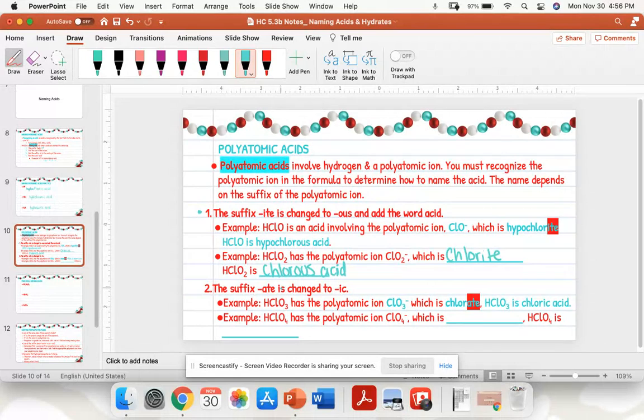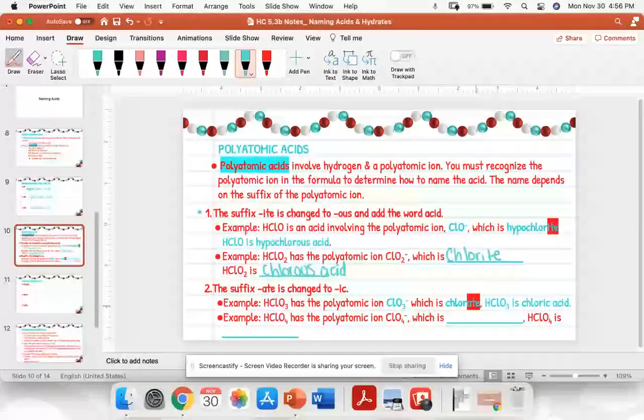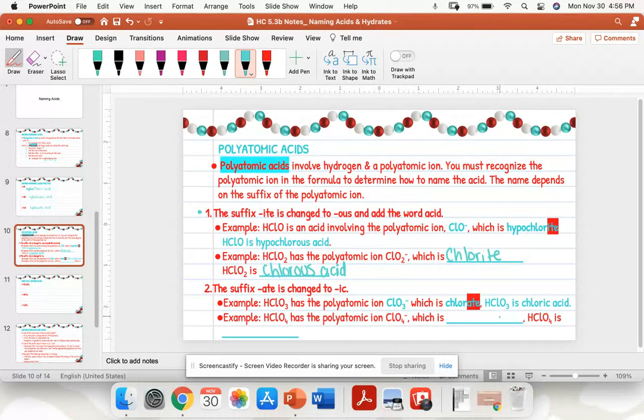If the polyatomic ends in ATE instead of ITE, you change the ending to IC and you still use the word acid. So this HClO3 has a polyatomic ion of ClO3 minus. ClO3 minus on your polyatomic ion sheet is chlorate. So when it becomes an acid and it has hydrogen, you drop that ATE and add IC in the word acid, so chloric acid.